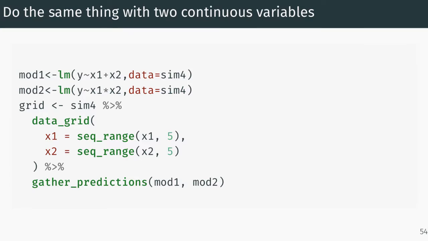Okay, now we can do the same thing with 2 continuous variables. So we have this exact same situation of 2 plots. We're going to have more possible combinations. And the data grid is going to have this sequence range. This is going to give us a series of values along the range of a vector, in this case 5 values.